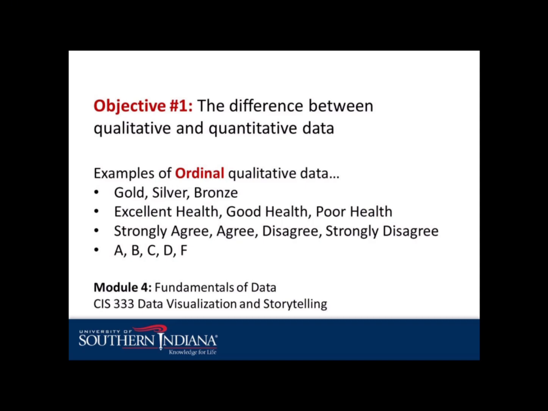That's a way to quantify your qualitative data. Same goes with the grading scale. You're familiar with this, instructors will say 90 points and above is an A. 80 points and above is a B. That's a way to quantify those qualitative data.